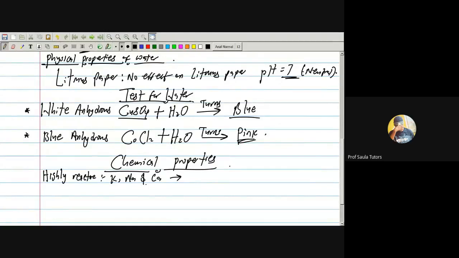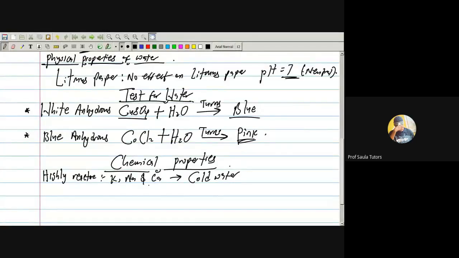In fact, potassium can catch fire with an ice block. These are enemies of water, so the reaction is not expected of you to try. It's very dangerous. So we always react them with cold water.